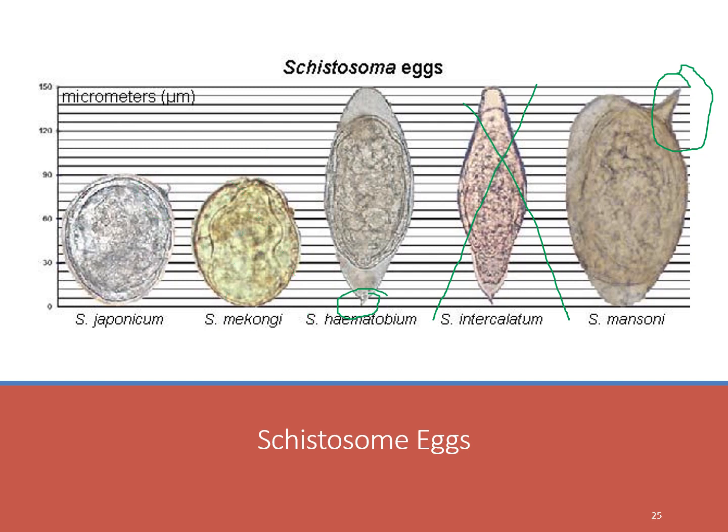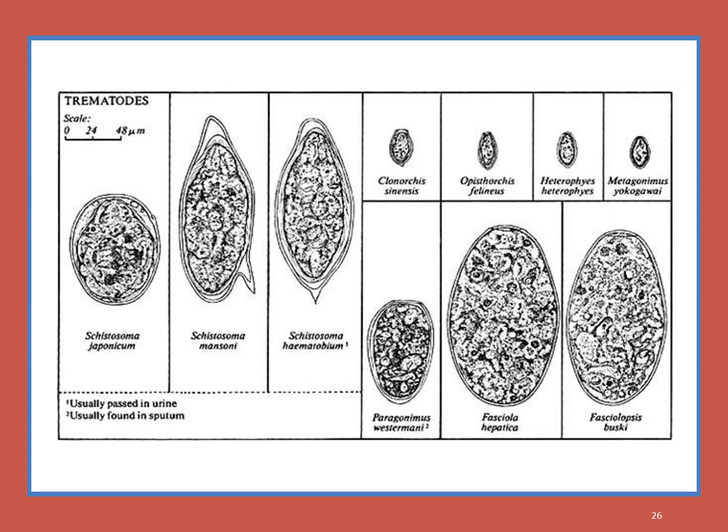So it just gives you a better appearance of those eggs in comparison. And so here you have a chart that just kind of gives you an overview of all of these that we've discussed, all these trematodes, and the differentiation of them based on size and shape of each of those eggs.